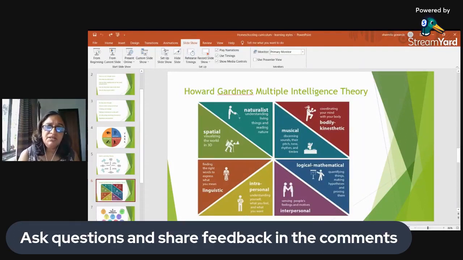Then a naturalist has an intelligence where he needs to live in nature and do things in nature, and he very easily adjusts to learning with nature around him. A kinesthetic learner learns by coordinating your mind and your body. So that's a bodily kinesthetic learner.